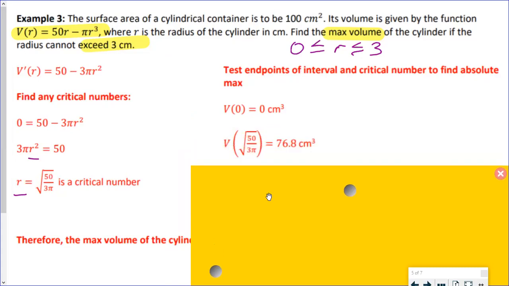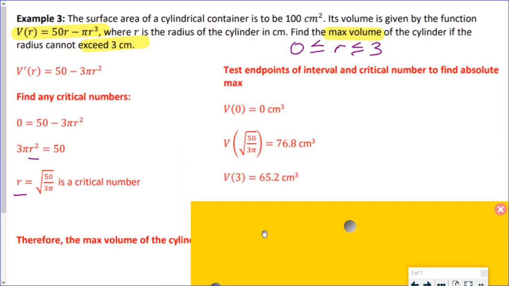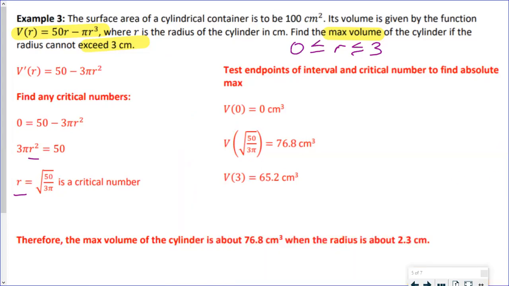I have testing my R critical number that I've come up with. That gives me 76.8 centimeters cubed. And when I plug in a radius of 3, I get a volume that is less than that. That means that I'm going to pick the volume that has the largest number, because I want to know the maximum.